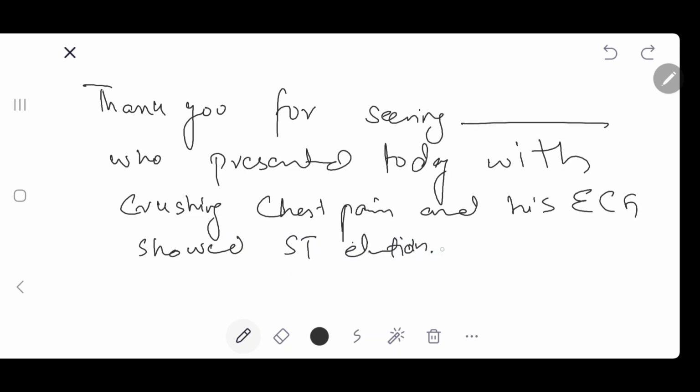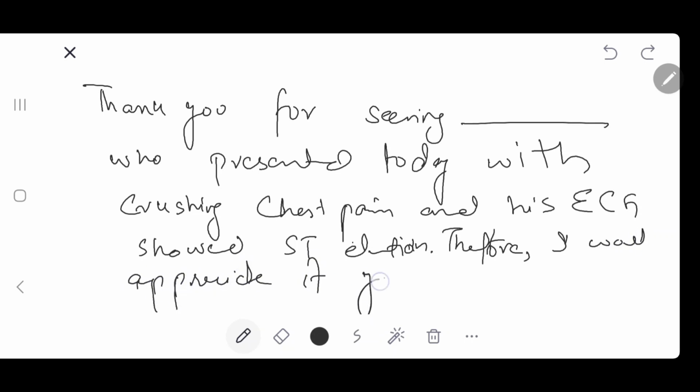Therefore, I would appreciate it if you could provide a definitive diagnosis and further management. So in this case, we can simply write the symptoms as they are in the introduction.